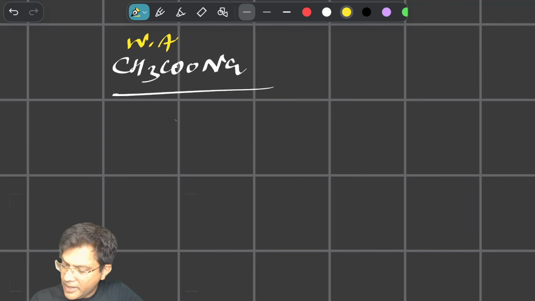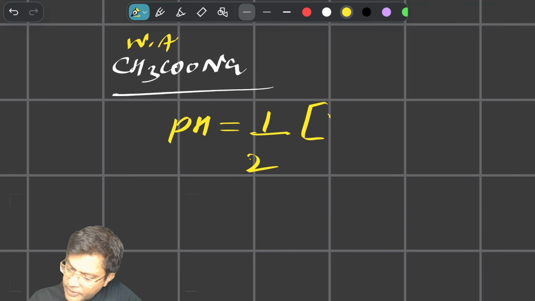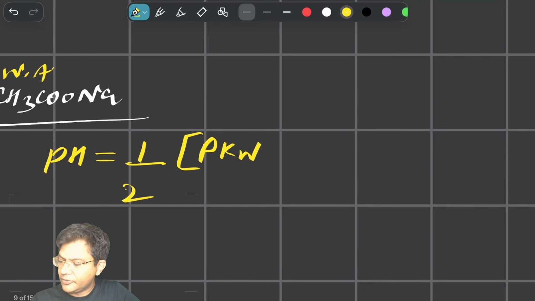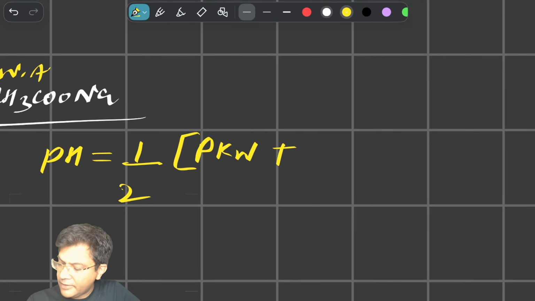Acid A, I will always take positive. Now, pH is equal to half of pKw. This much is common for everyone. Now what will I write? I will write pKa plus log of concentration.